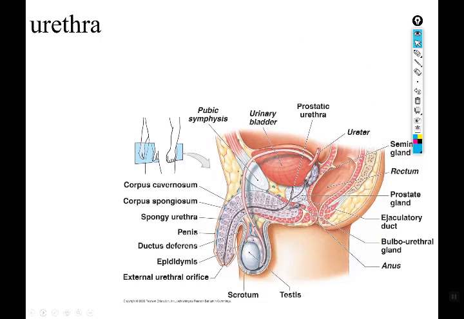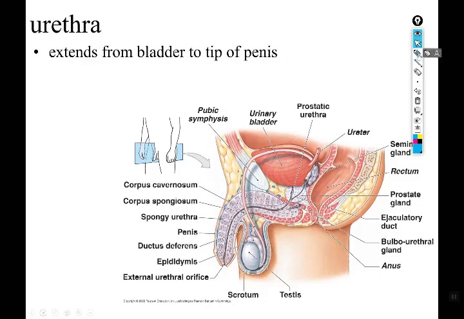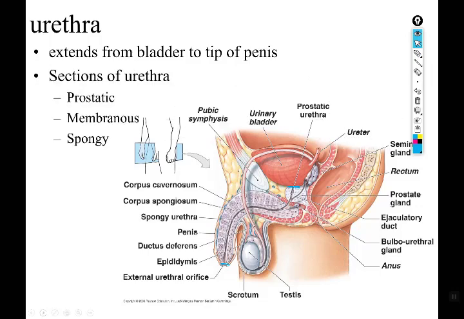Okay, the urethra. The urethra is basically divided into a couple sections. In total, it extends from the base of the bladder, right here, to the tip of the penis, which is right there. And there are sections of the urethra. The prostatic urethra, let's make them different colors.